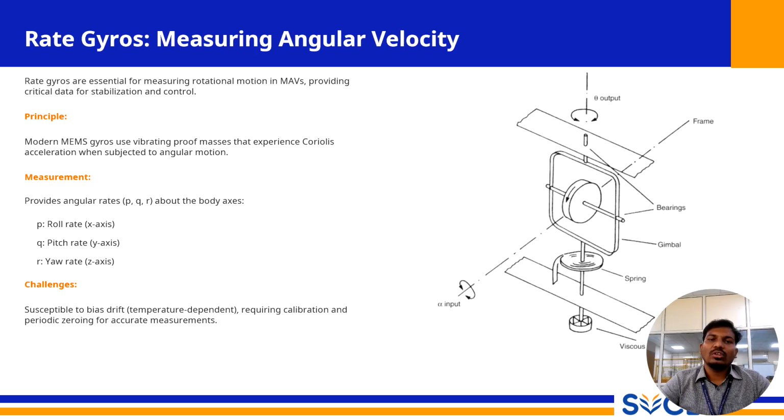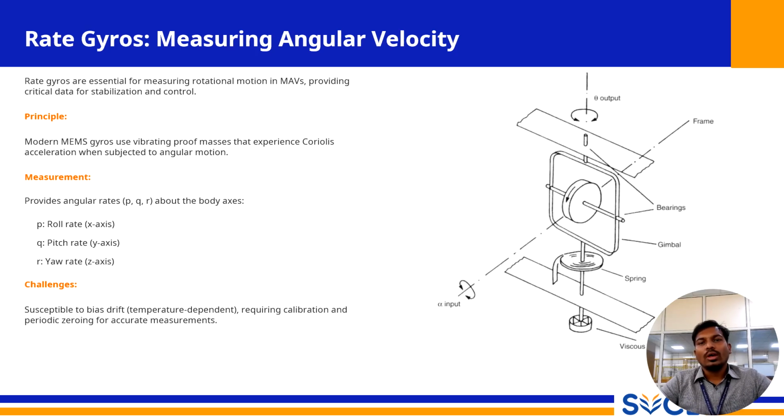The sensor measures this sideways displacement electronically, and the magnitude of that displacement is directly proportional to the rate of rotation. This clever design allows for the measurement of angular velocity with no large, power-hungry spinning wheel, making it perfect for small, lightweight MAVs.